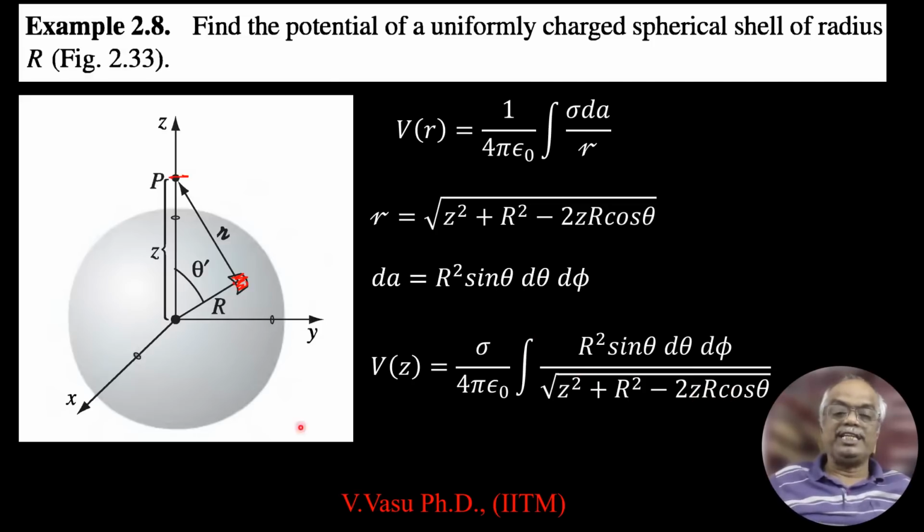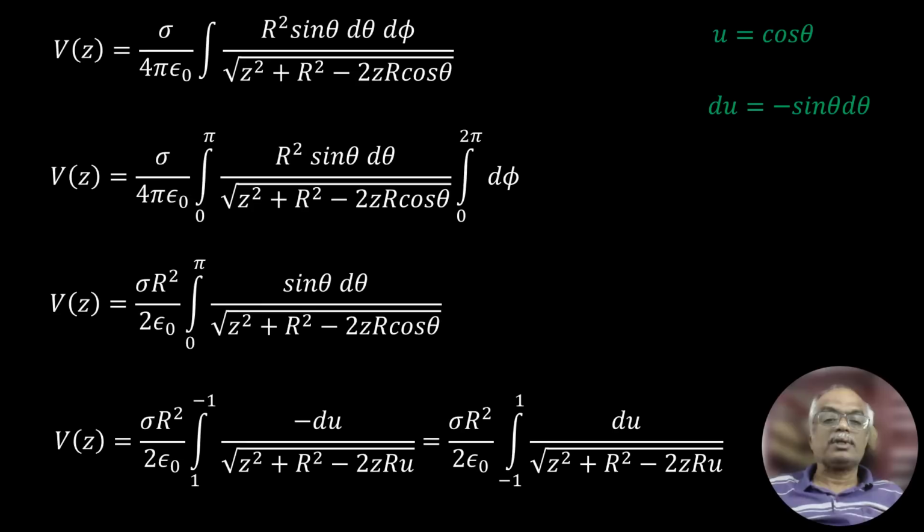Now we will integrate this. We got this integral, and I am going to separate it into two integrals: one with respect to phi, the other with respect to theta.